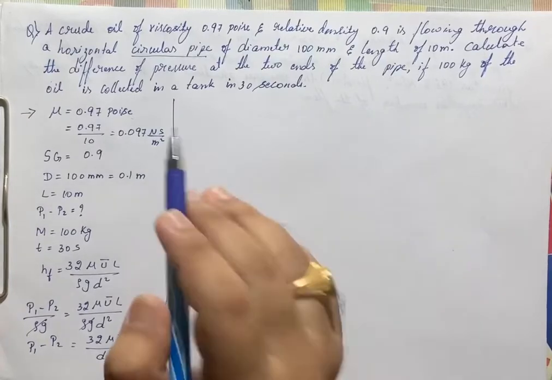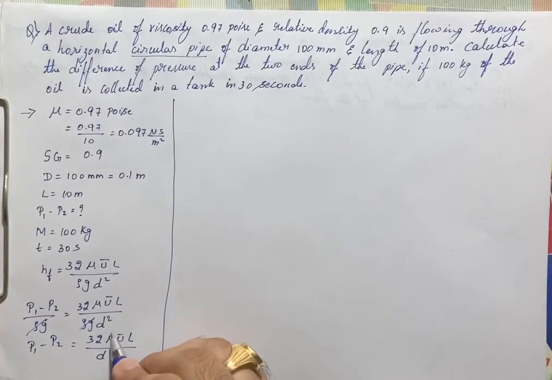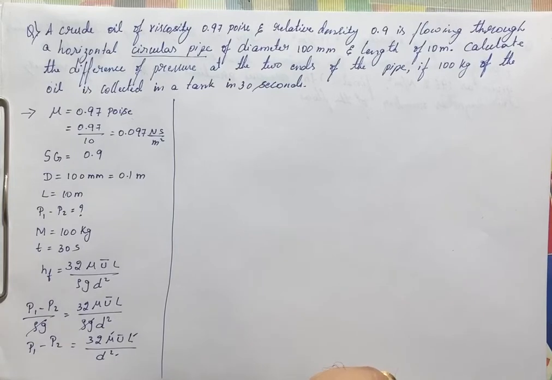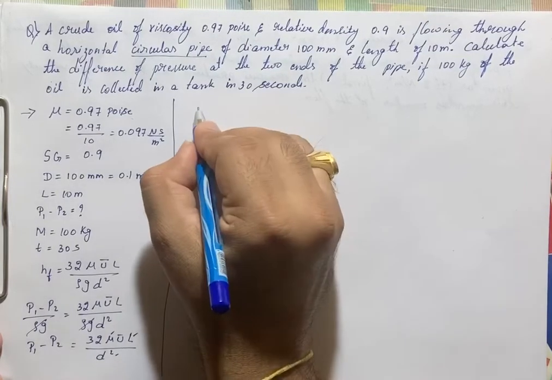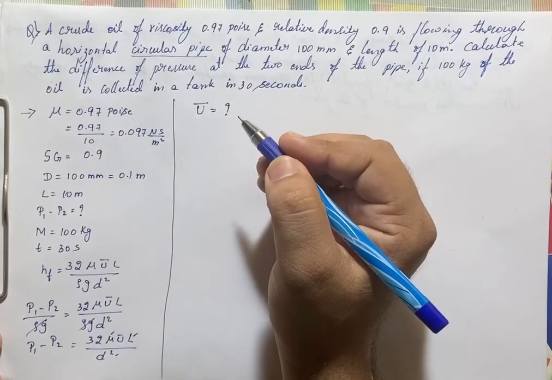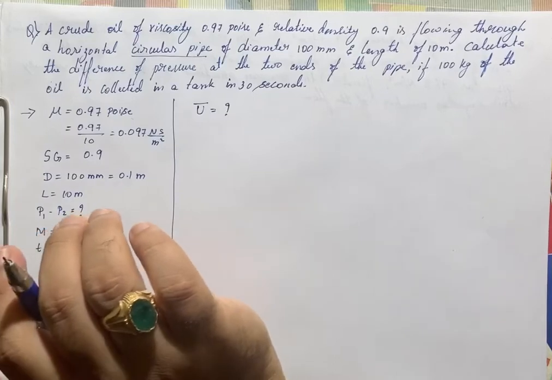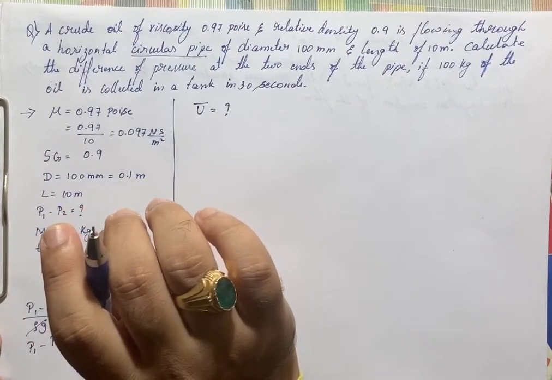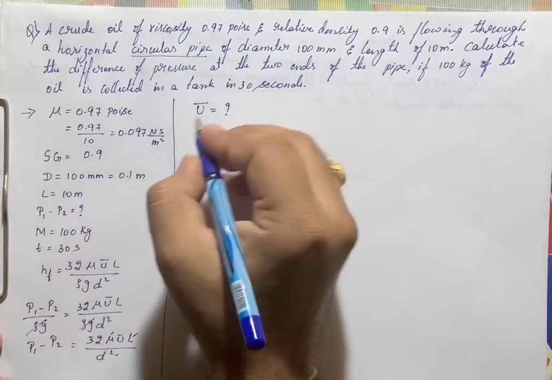Now here mu is known, L is known, d is known, but we don't know u bar here. What is u bar? U bar is nothing but the average velocity, right? Now do we have any direct formula to find out u bar? We shall see, right? U bar can only be found out by the discharge.